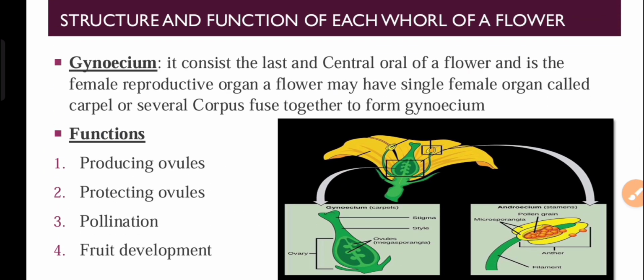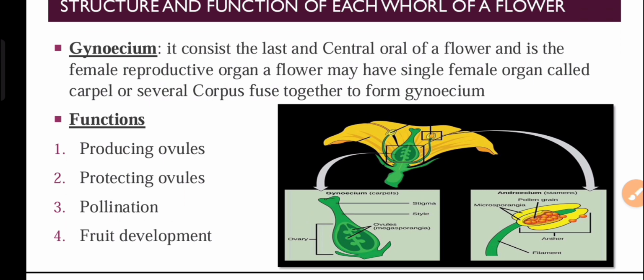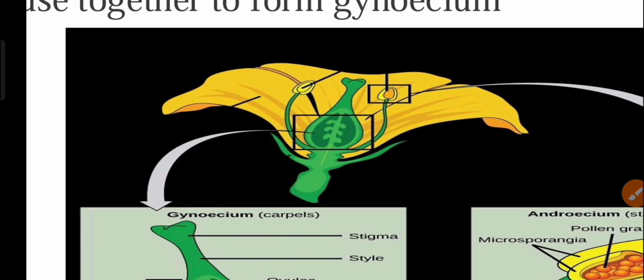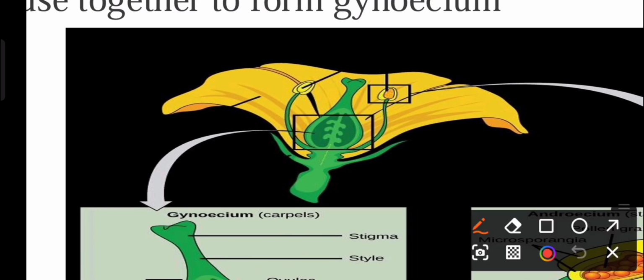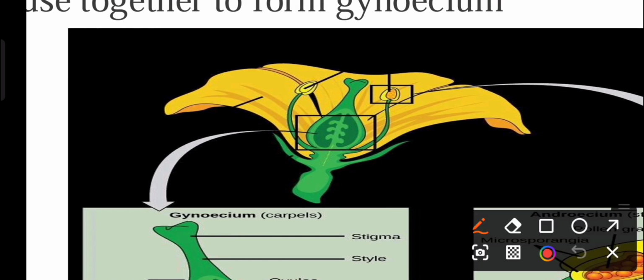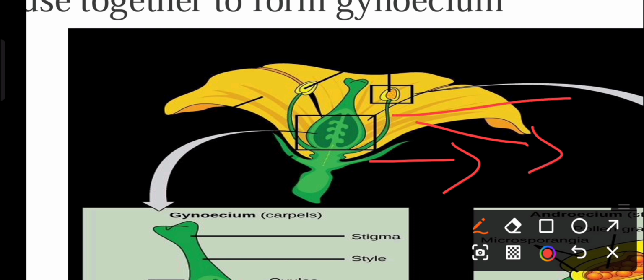And then coming to the gynoecium. The gynoecium is the last, central whorl of the flower. See in this flower, this is the calyx, this is the corolla, this is the androecium, and this is the gynoecium.